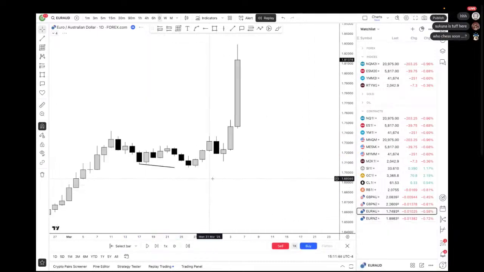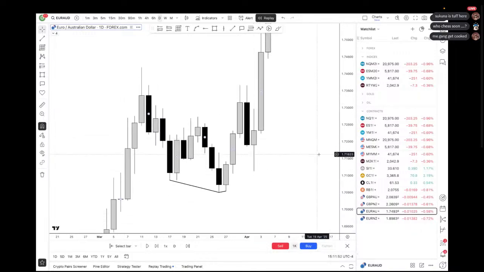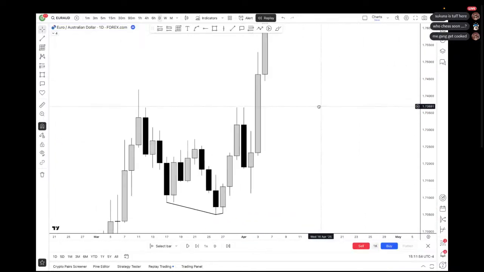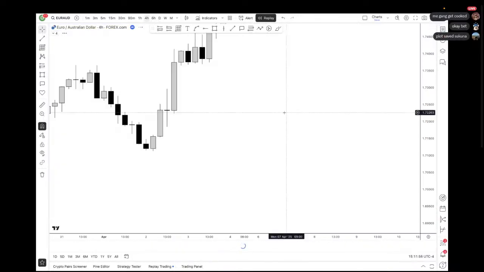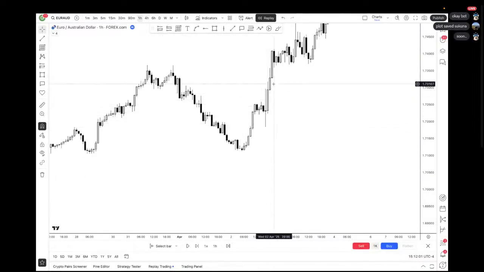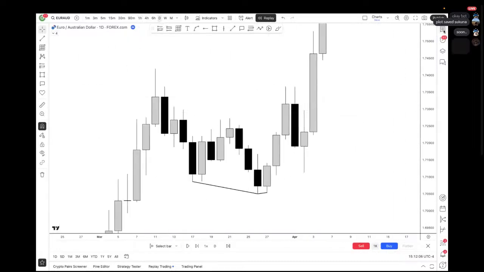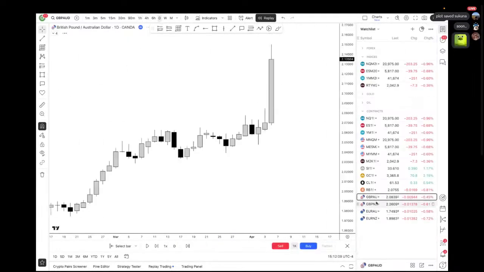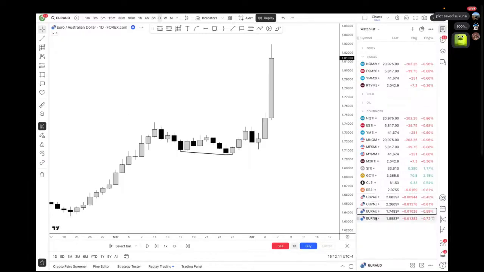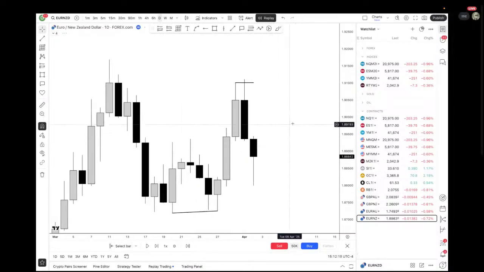Thursday, Tuesday. This is a two-stage SMT right here. Oh, and I remember there's something right here. There's a two-stage SMT there. This real quick. I want to see this retracement.